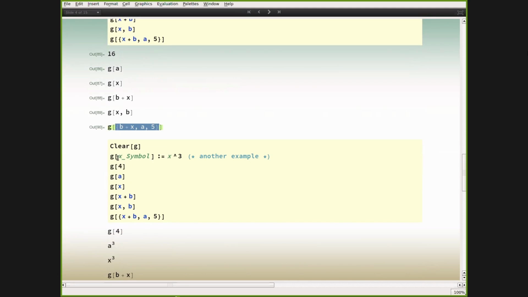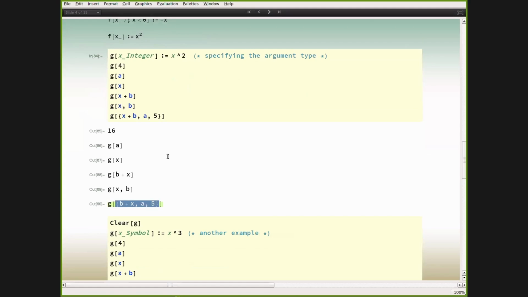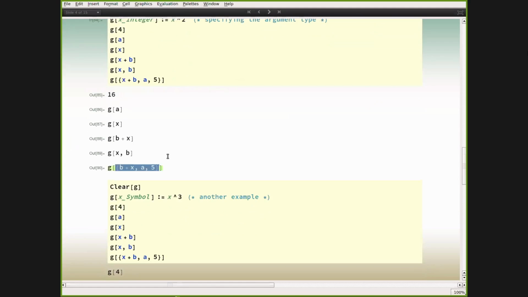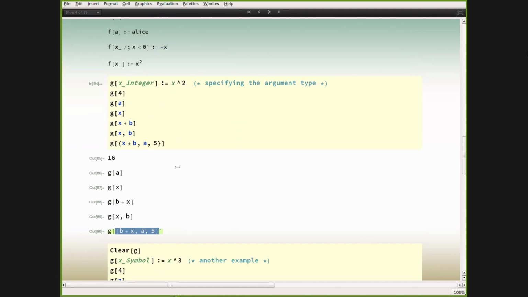Yes? If we would make g listable, it would work? Yes, then yes. I hope that I have such an example here, and it should be nice to have it. But simply you have to change the attribute and then it will be listable.